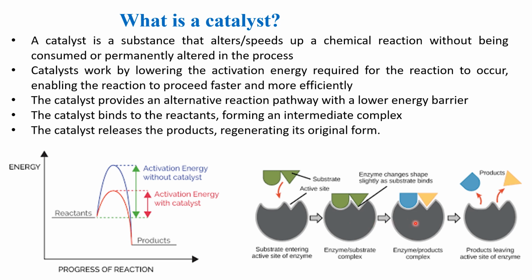After the formation of the complex, the reactants are converted into products, and in the final step these products get separated from the enzyme, and you can see this enzyme or catalyst is regenerated without any permanent change. Thus the catalyst is released and regenerated in its original form.